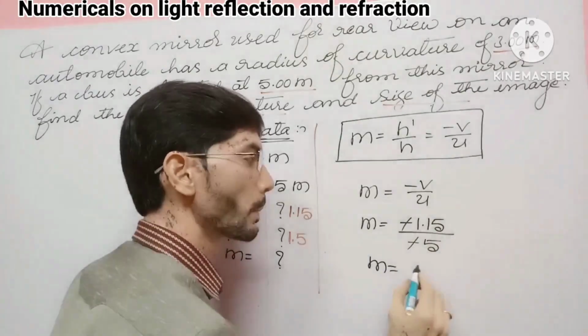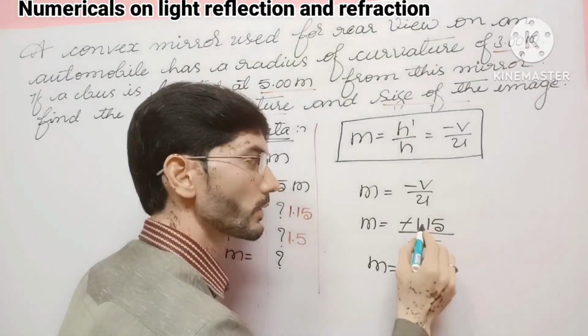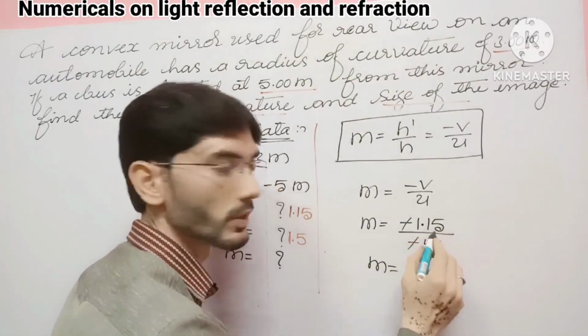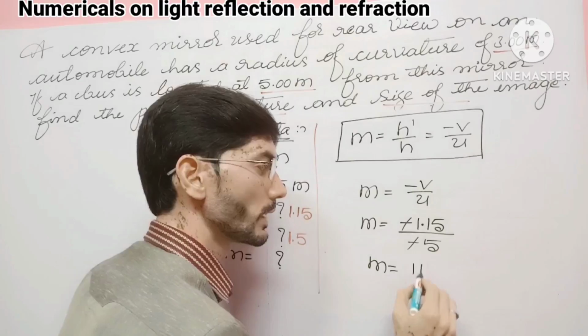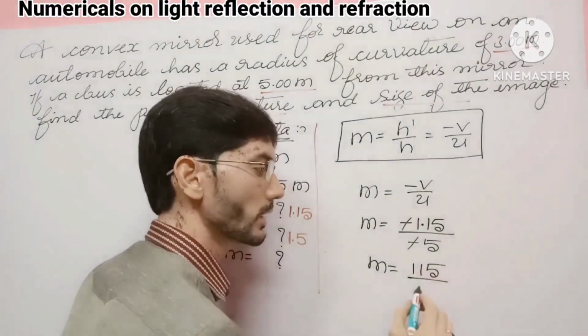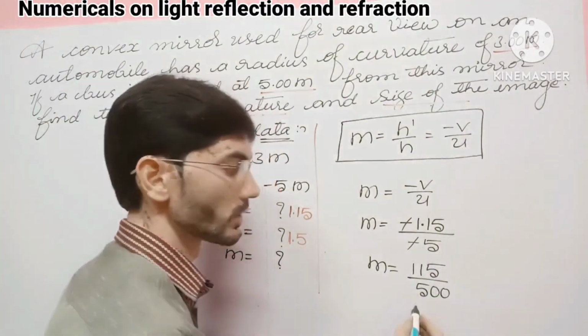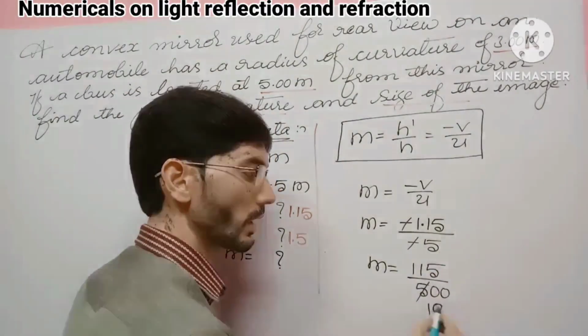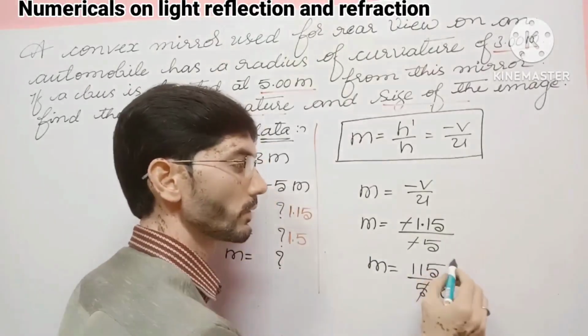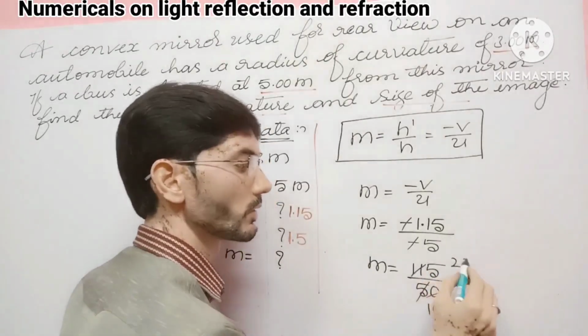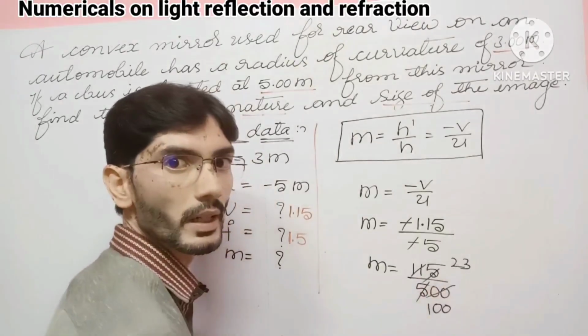Now M is equal to, after the decimal point 2 digits are there, so you write 115 by cancelling the decimal point. Here 500 you write. Got it? Now 5 1s are 5, and 0, 0. 5 2s are 10, and 5 3s are 15. Now 23 by 100.